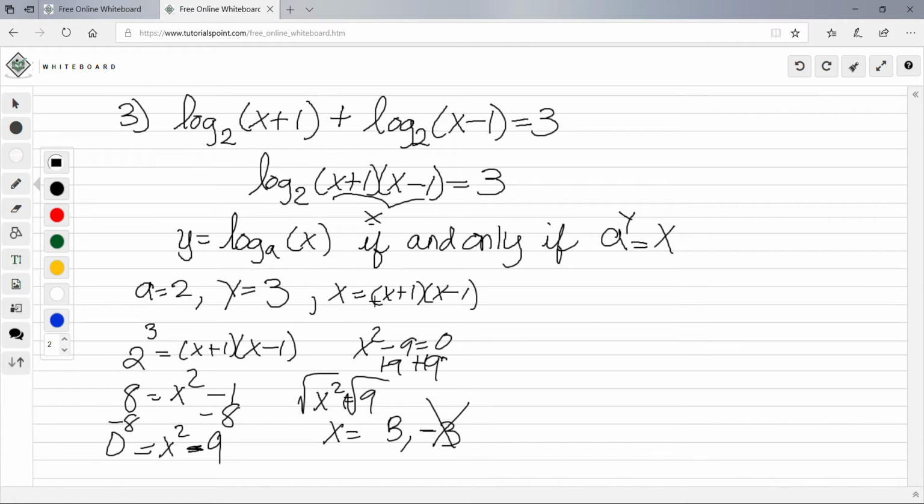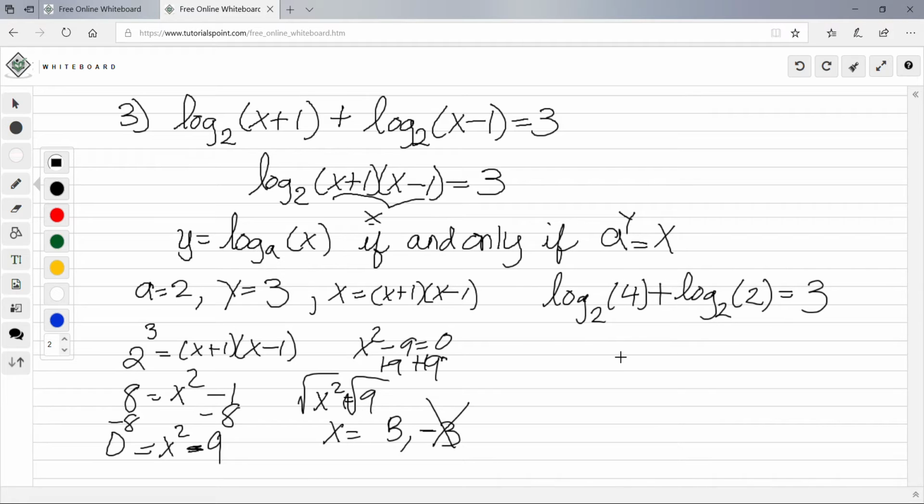So let's try positive 3. So log base 2, and then 3 plus 1 is 4. Plus log base 2, 3 minus 1 is 2 equals 3. So let's simplify this.